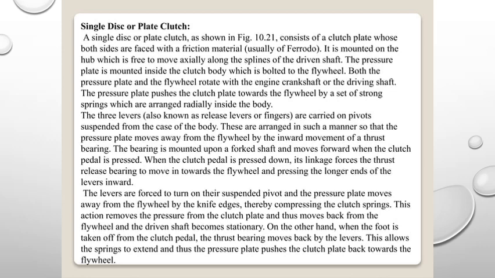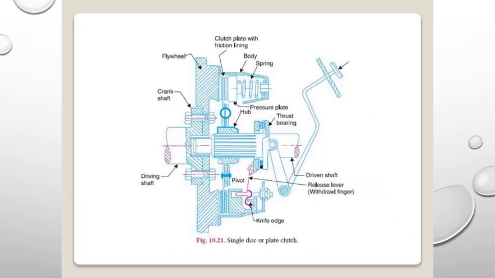When the clutch pedal is pressed down, the linkage force rests the bearing on the levers, so the clutch plate moves back from the flywheel and the driven shaft becomes stationary. On the other hand, when the foot is taken off the clutch pedal, the thrust bearing moves back from the levers. This is the figure shown for the single plate clutch.